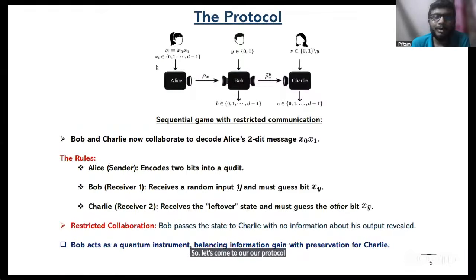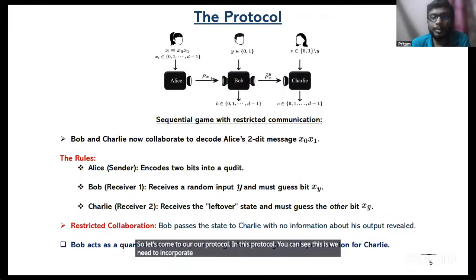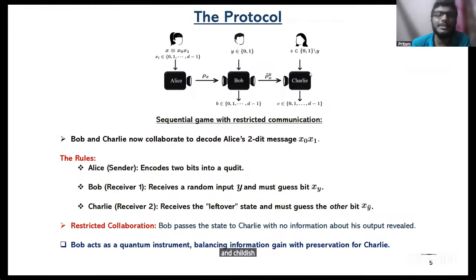In this protocol, you can see we need to incorporate the quantum instrument part. In the middle part, Bob has a classical outcome as well as a post-measurement quantum state. So Bob's device is in this case the quantum instrument, Alice's device is a preparation device, and Charlie's device is a measurement device.